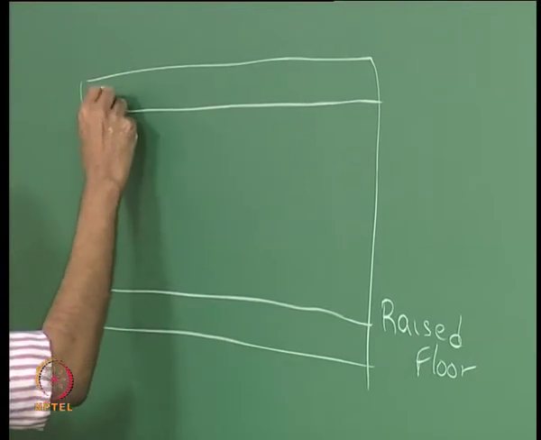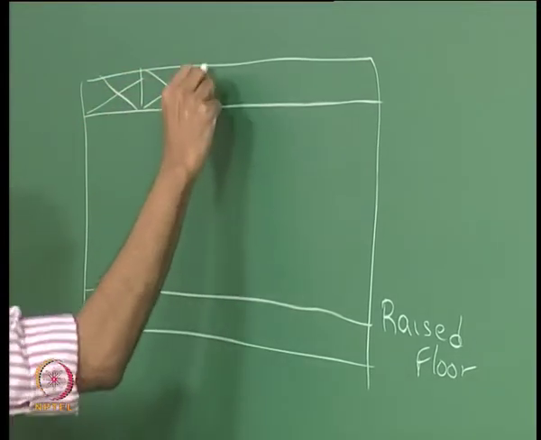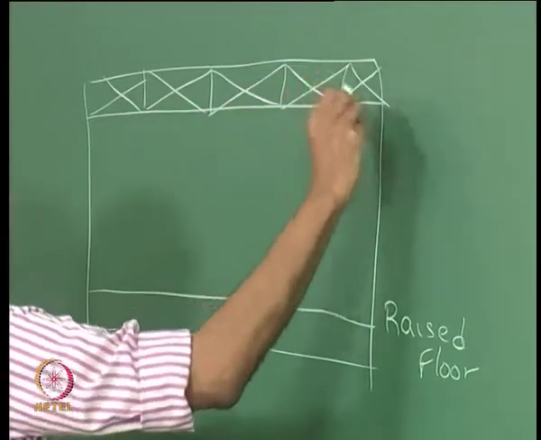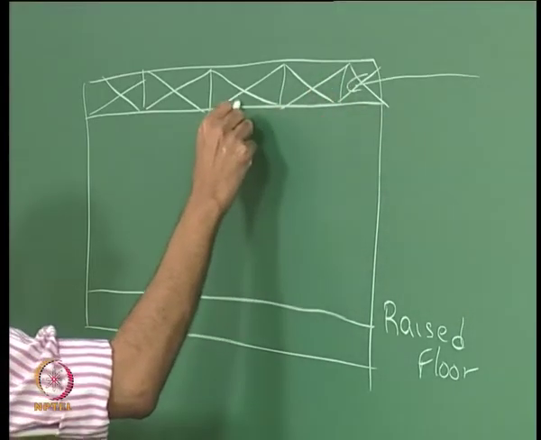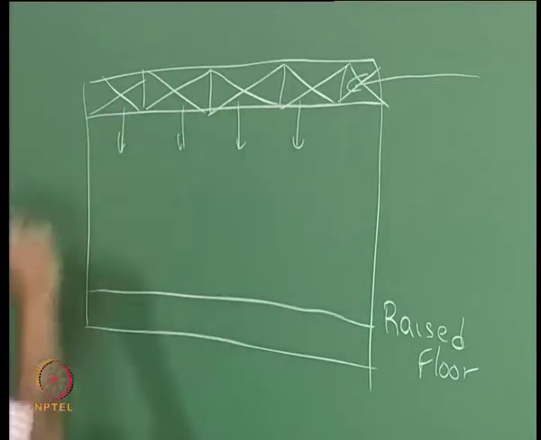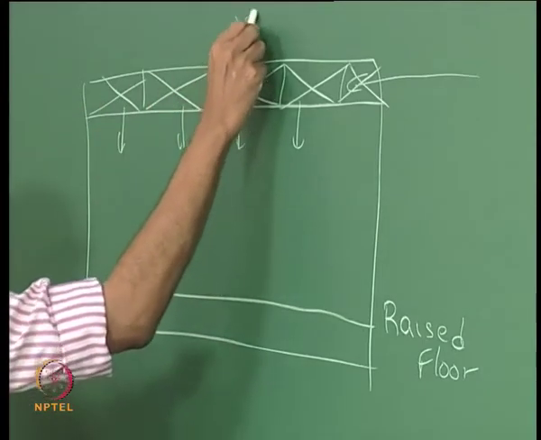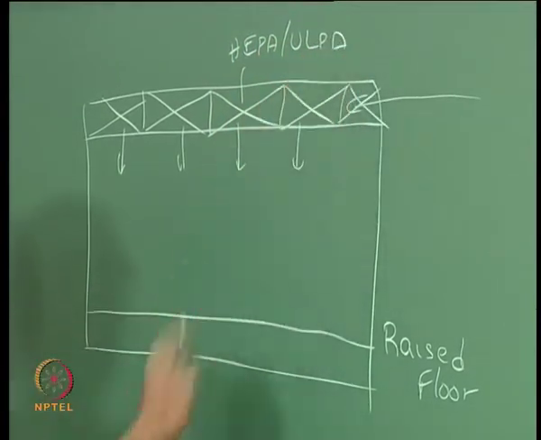So, in this area you will have coverage through filters, and the incoming air will essentially be forced through these filters and then made to exit into the clean room. So, this is where your HEPA filters and ULPA filters will be located.